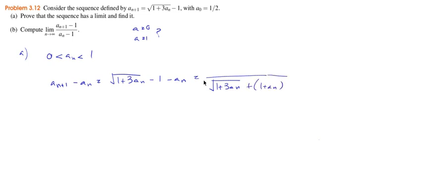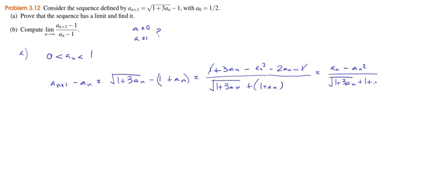In the numerator we have the difference of squares, so this is 1 plus 3an minus the square of 1 plus an, which is an squared plus 2an plus 1. 1 and 1 cancel each other out, and then we have an minus an squared, over the square root of 1 plus 3an plus 1 plus an. We can rewrite this as an times 1 minus an.